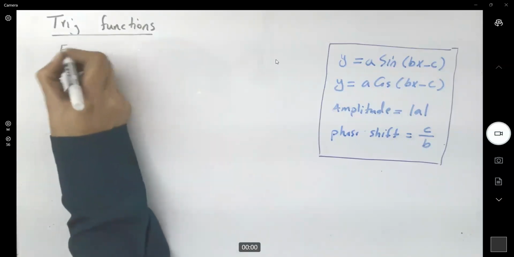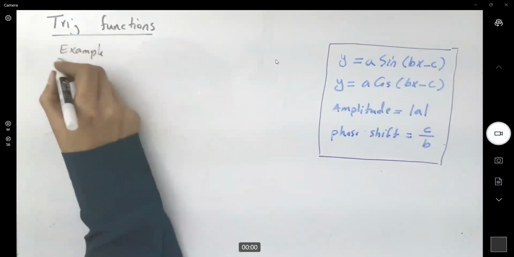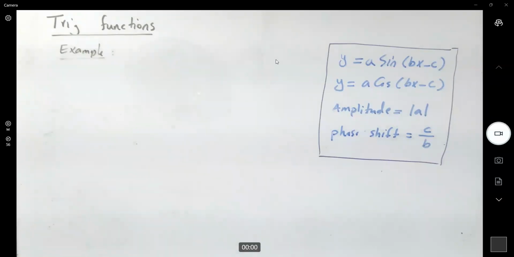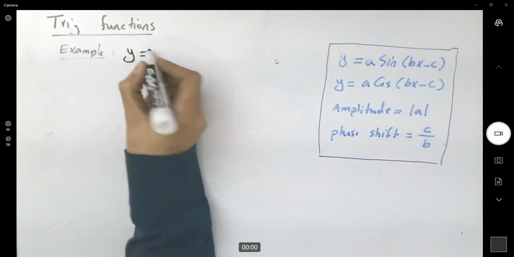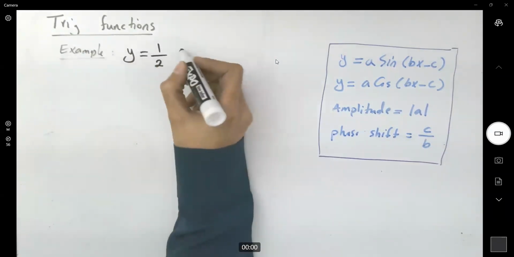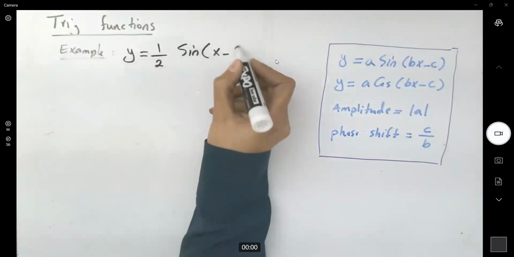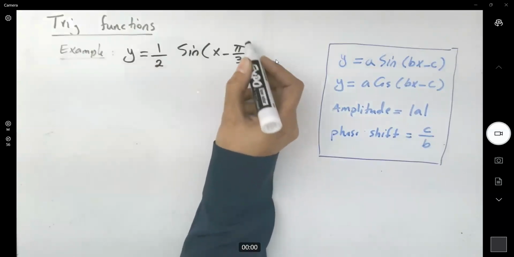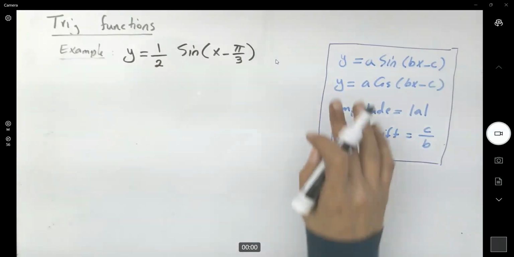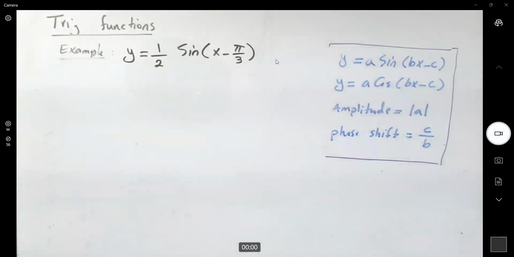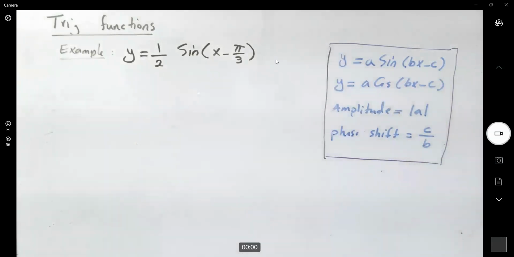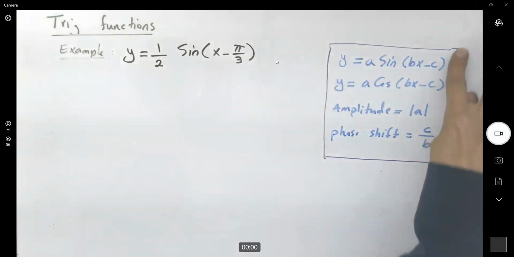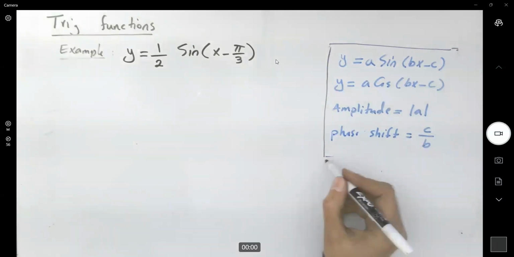Example. Suppose I give you the following function. I give you y equals a half sine of x minus pi over 3. And I ask you, well, to find the amplitude and the phase shift and x-intercept, or the points of intersection with the x-axis.